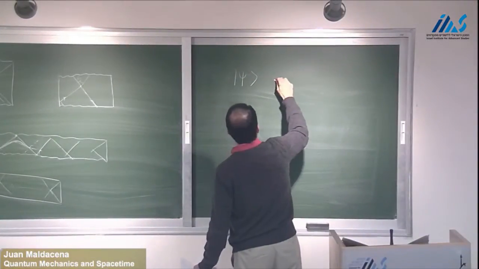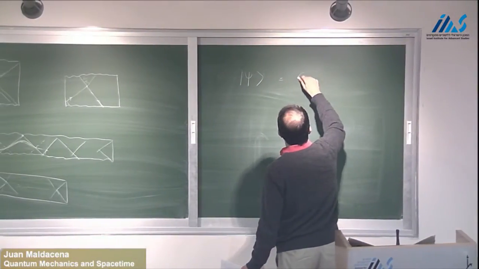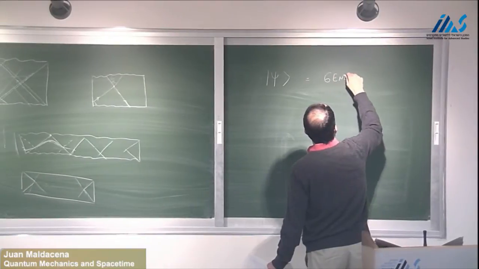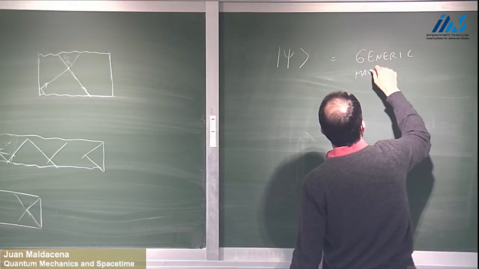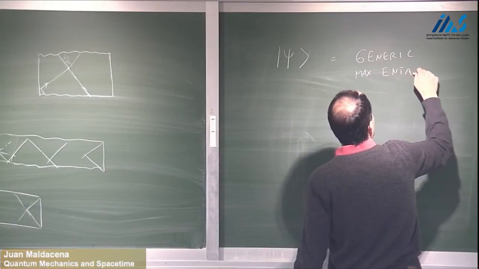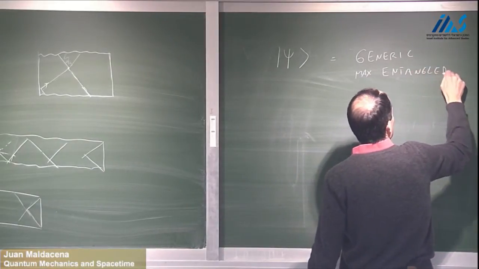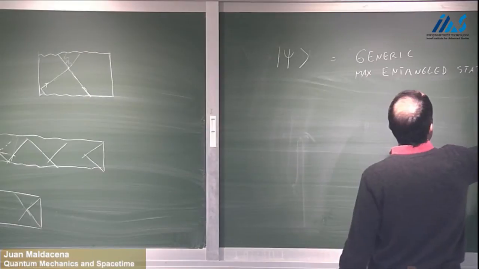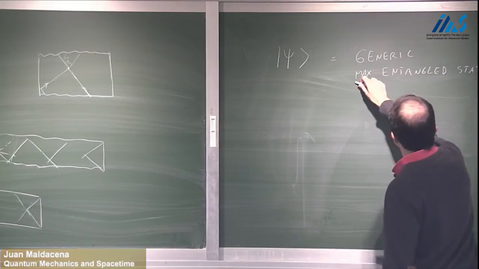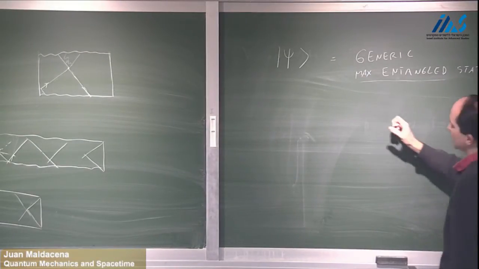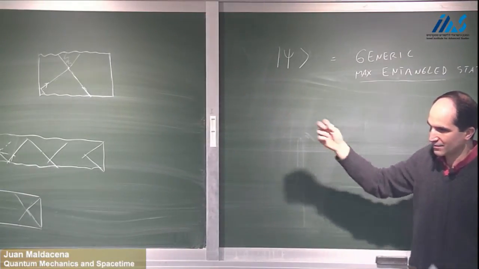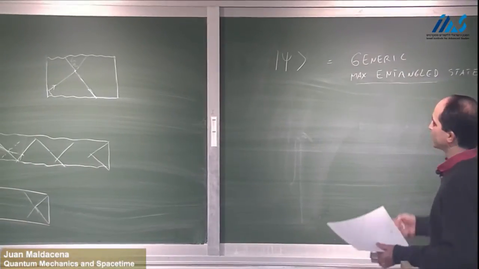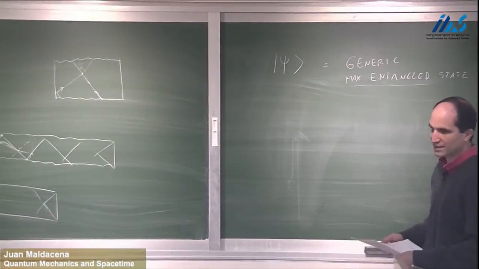Psi will be a generic maximally entangled state. And here, by maximally entangled, what we really mean is a state such that if we trace out over the right side, for the left side we have the usual black hole density matrix.